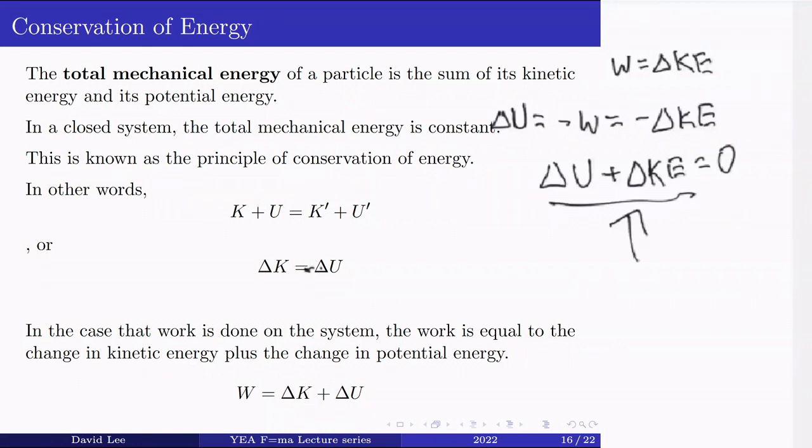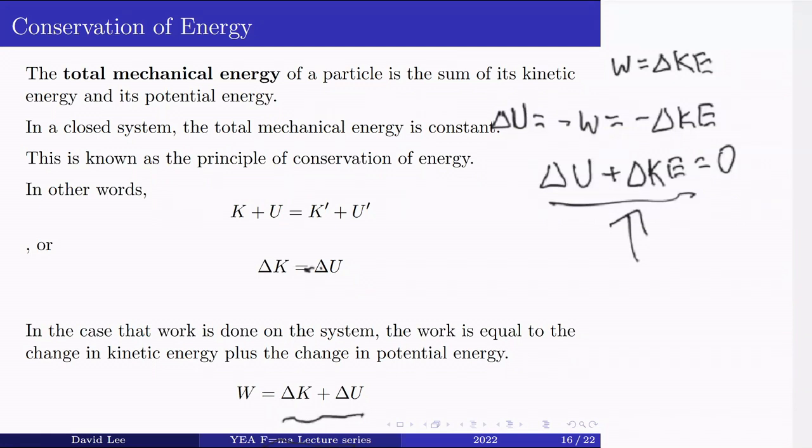And I guess if it's not a closed system, that's fine. We just have to add in how much work we did to our particle's total energy. So if we do some work, that will increase our total energy.